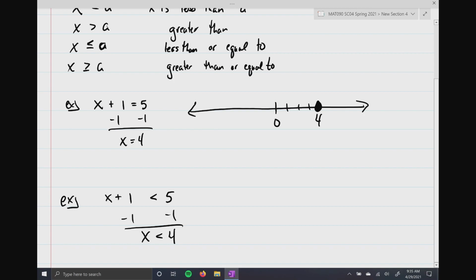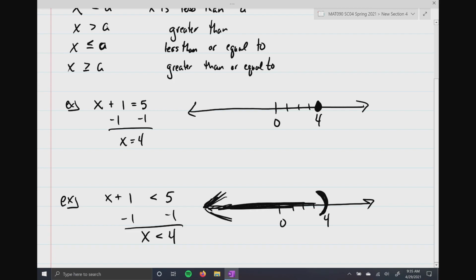Now, here's the difference. If I asked you to graph this on a number line, this is the way I like to do it. I like using parentheses. So you would put a bold parenthesis, and then you would shade everything to the left.